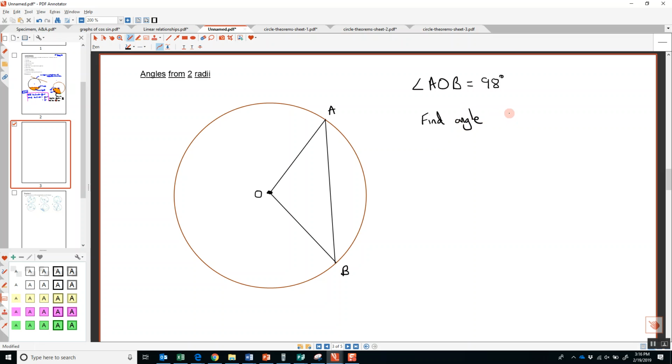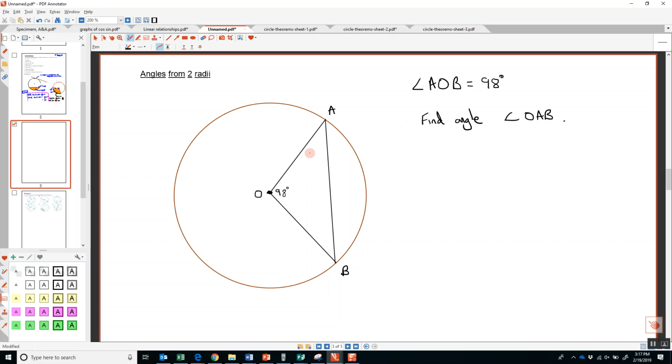Find angle OAB. Any thoughts? Marco? 41 degrees. Because?